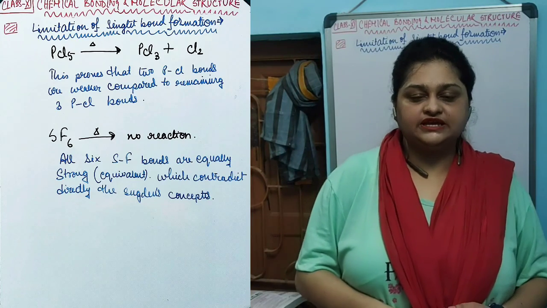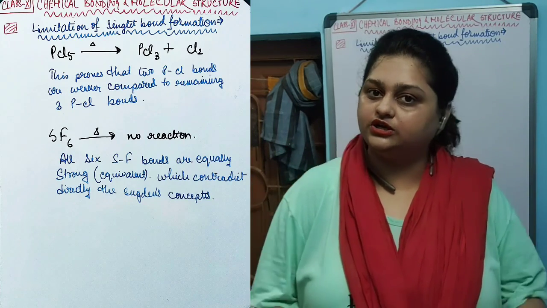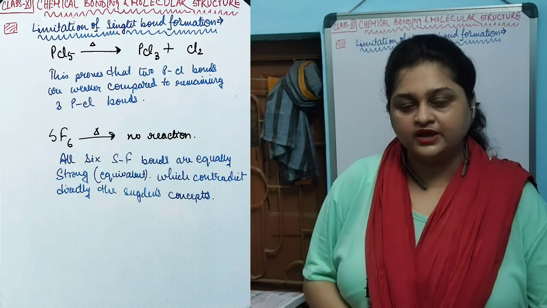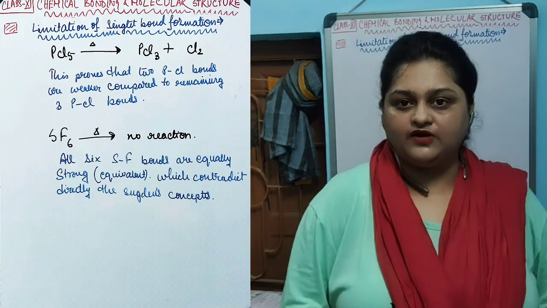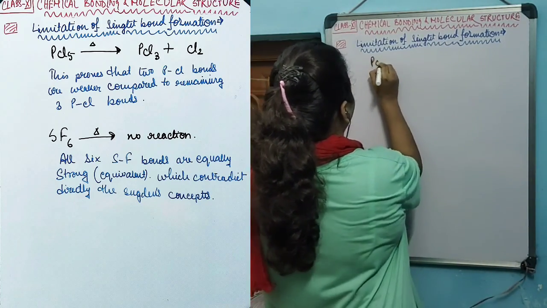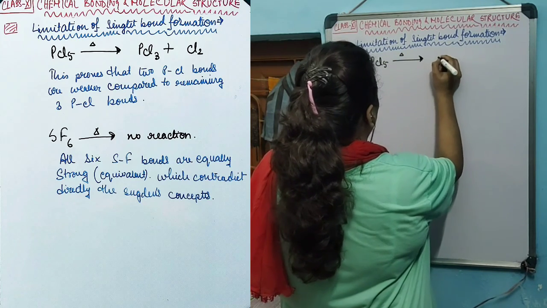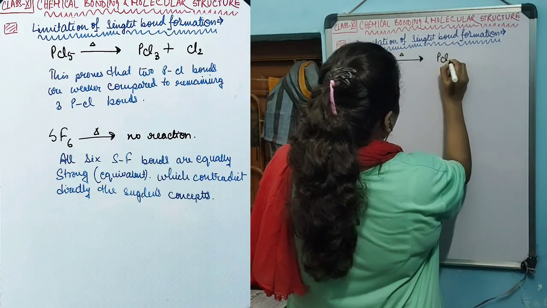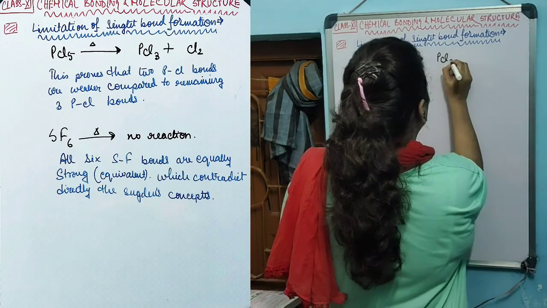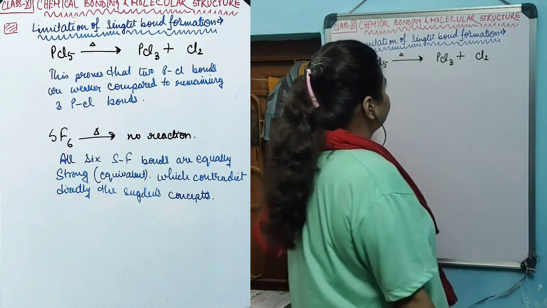Evidently, the 2 singlet linkage bonds in PCl5 are weaker compared to the normal covalent bonds, and this was evidently found by this reaction in which PCl5, when heated, dissociates into PCl3 and Cl2 molecules.